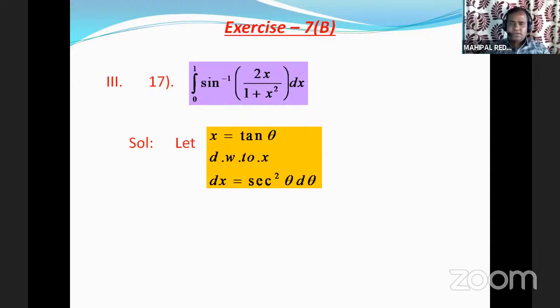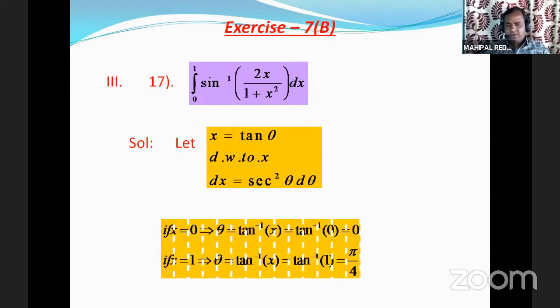As in the previous problem, the limits are also the same. Lower limit is 0, then the lower limit will change to 0 also. X equals 0, lower limit is 0 with respect to x variable. Tan inverse of 0 is 0 only.